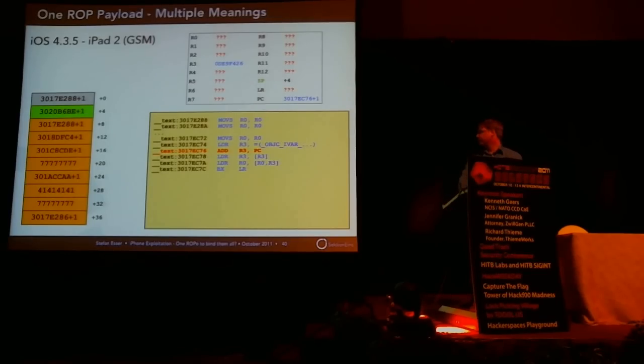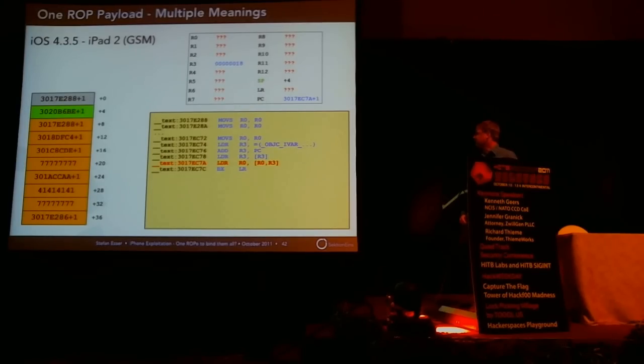Now we add the program counter to it, so now it's a real pointer. You see we have a pointer in R3, which is obviously a legal pointer because it was created by adding something to the current program counter. So when we try to load a value from there, it will actually load. So now we have this 18 in the R3 register, and this is basically an offset inside the object for another variable. In this case, I think it was from the Game Kit, and it's loading the number of friends. It's trying to load the number of friends you have.